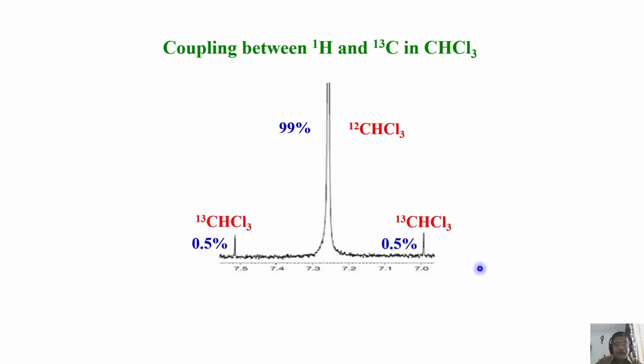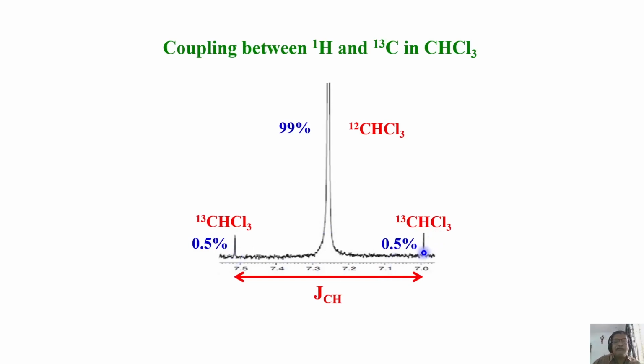Carbon-13 abundance is 1%, and you get a doublet because of carbon-proton coupling, with intensities of 0.5 and 0.5. Hence, these are called satellites. Remember that. And this separation gives me the coupling between proton and carbon.